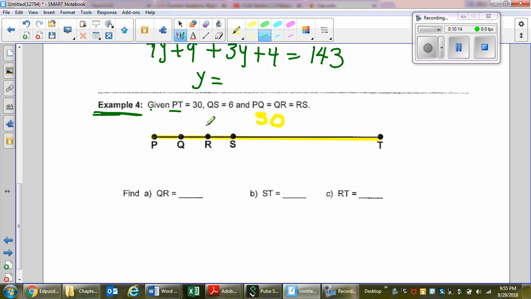If I have Q to S, this part is 6. And then it tells you here, this is the key part, PQ, all this is equal, right? So the question, then you have to try to answer this question. So try it out, and then come to class, and then we will solve it together.